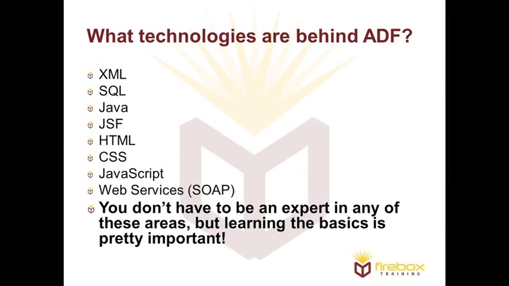So really, what are the different technologies behind ADF? Well, as I mentioned, there's a lot of XML going on behind the scenes that describes the different objects. We have SQL that's running behind the scenes, typically, for dealing with ADF business components. Even though we're not directly writing the SQL, we can see the SQL that's being generated, and we can even tweak it.